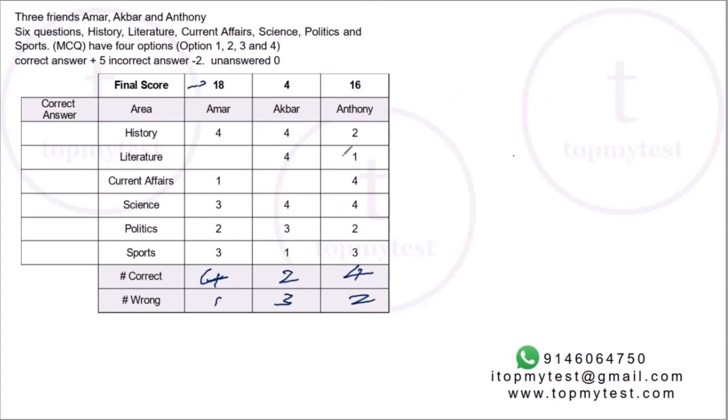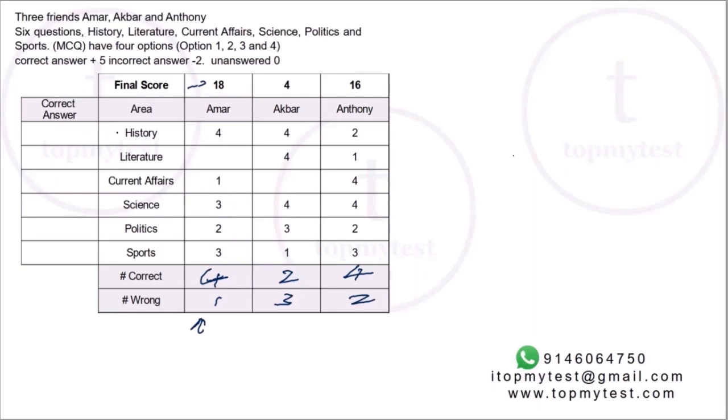Now, as with all these questions, it's usually best to start with either the highest or the lowest. More than that, if you look at the correct and wrong answers, only one of the answers for Amar is wrong. So let's try to figure out which of the answers is wrong.